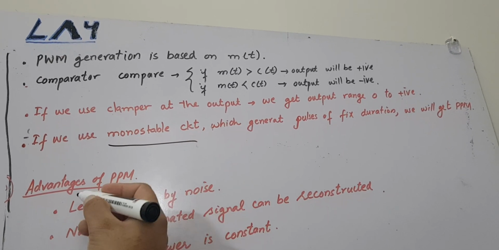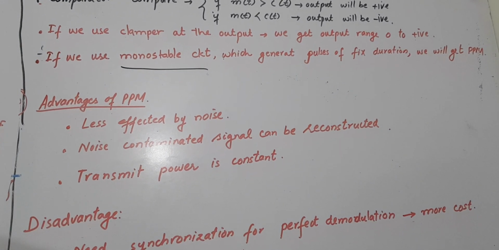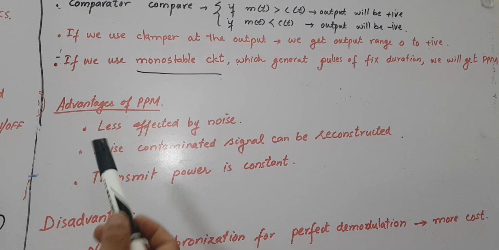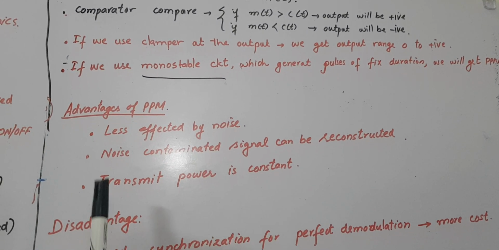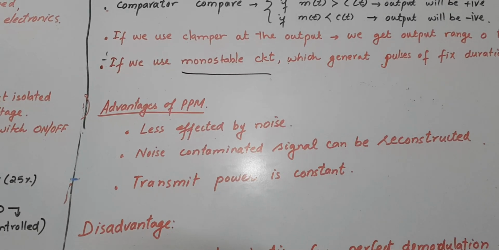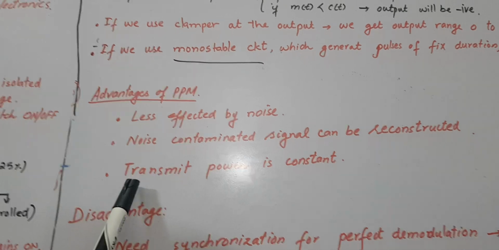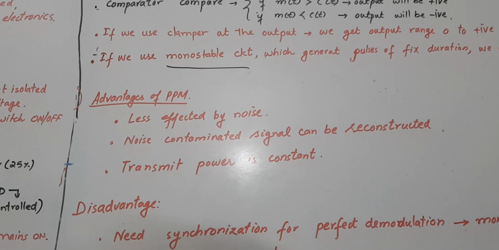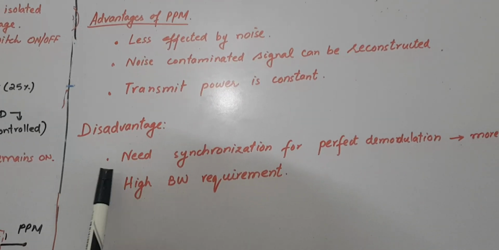There are many advantages of pulse position modulation. The first is that it is less affected by noise. The second is that a noise-contaminated signal can be reconstructed. The third is that transmit power is constant. There are also disadvantages.